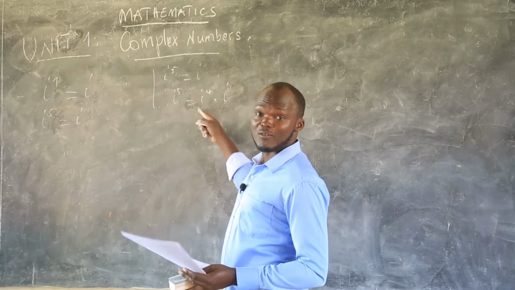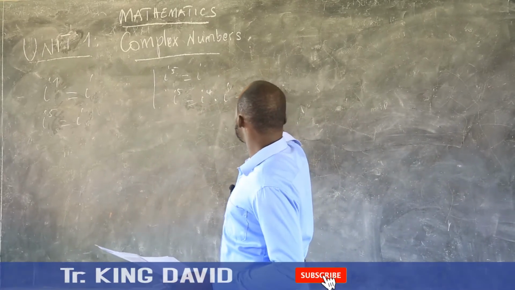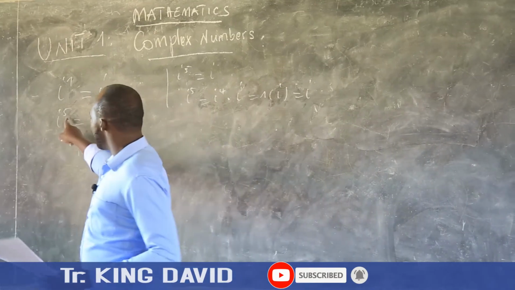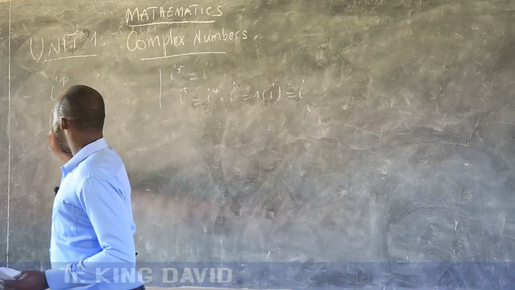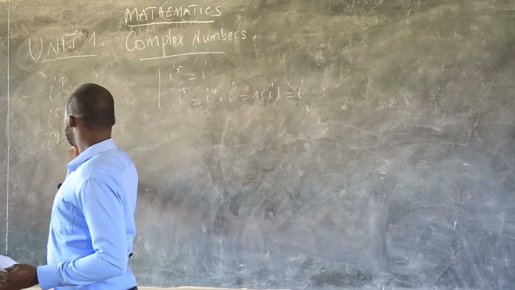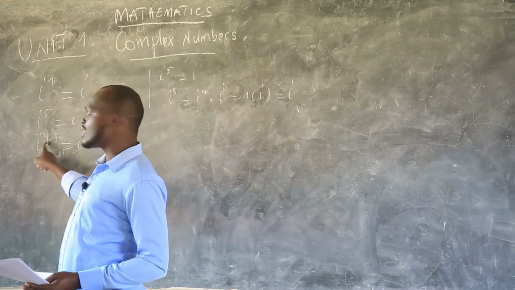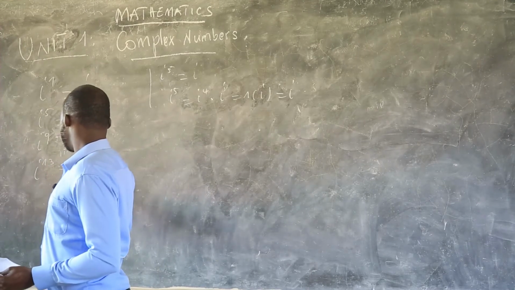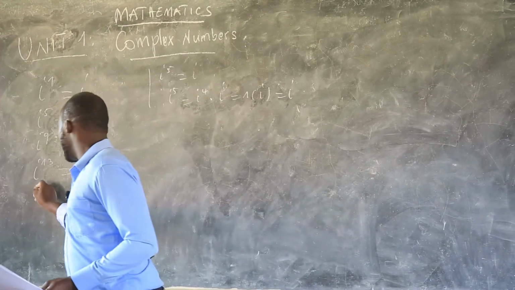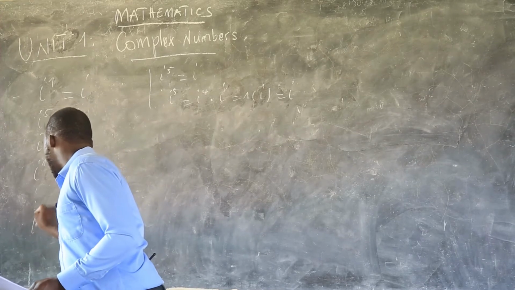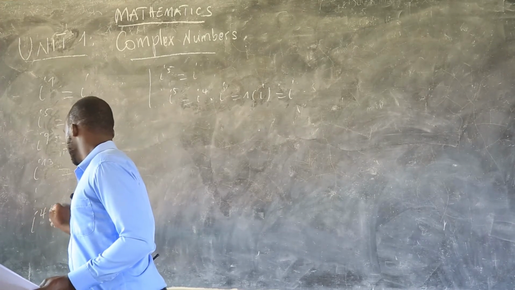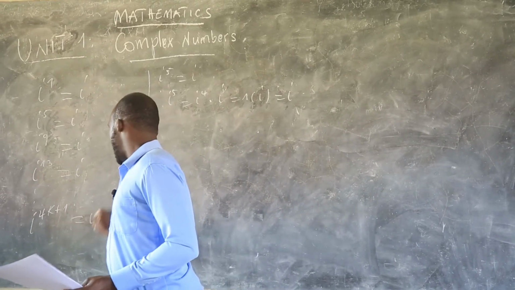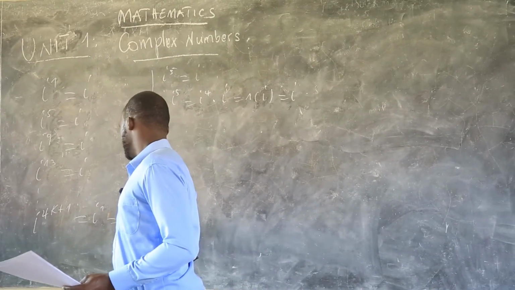We have seen that i^4 is 1. So this is 1 times i, which is i. Then now, we add 4 here. i^9, that is i. We also add 4 here. i^13, also it is i. Then finally, it is i^(4k+1), which is the same as i^1, which is i.